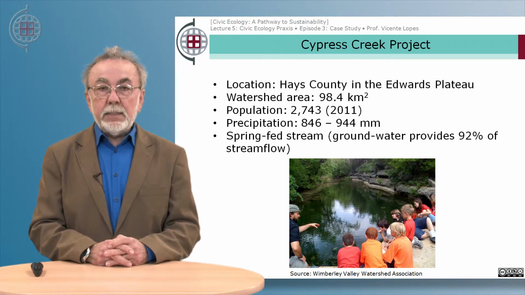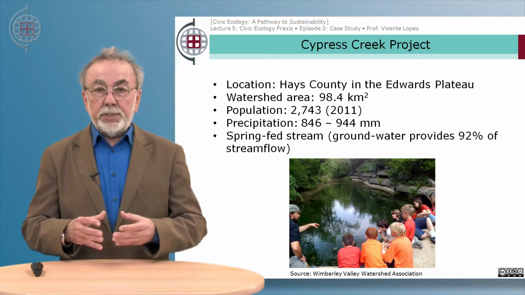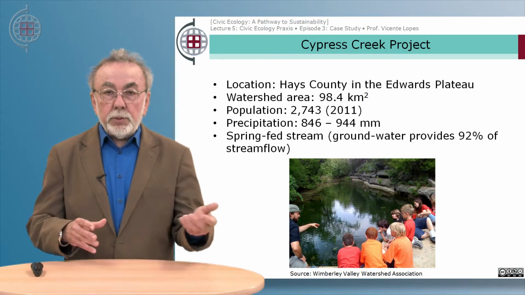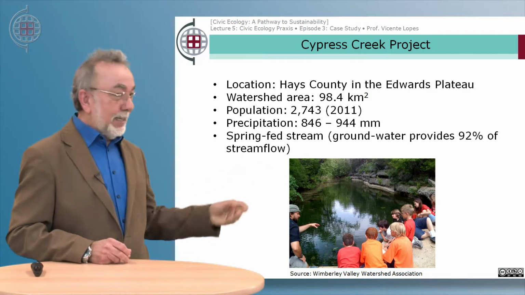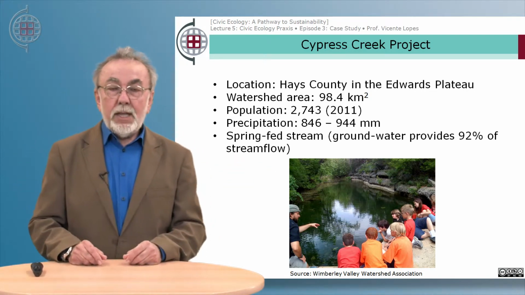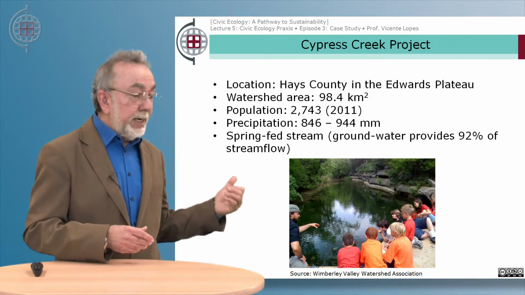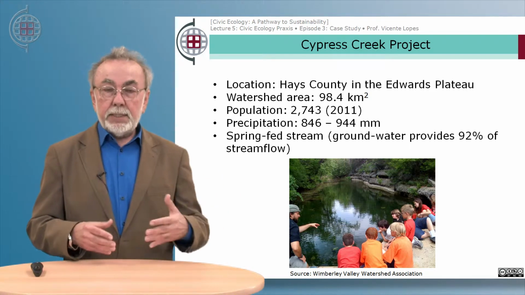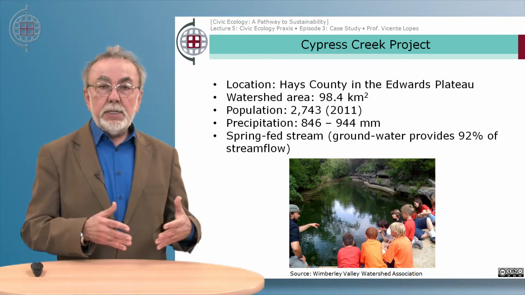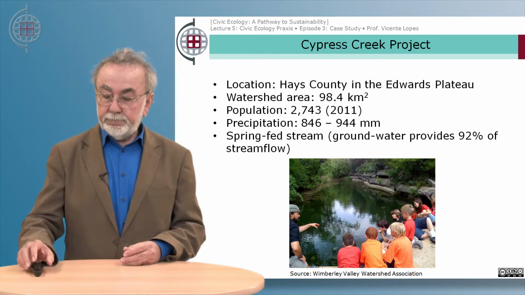What I mean by that is that groundwater provides 92% of stream flow. In other words, there is a spring flowing to the river and maintaining what you can see here as this continuous flow. Otherwise, the flow would not be perennial. So the runoff contribution to stream flow is relatively small in this watershed.